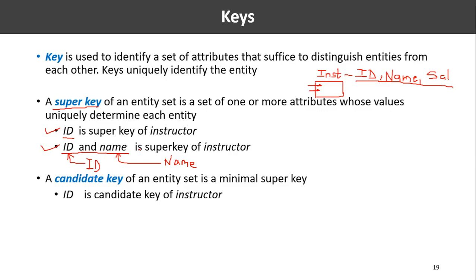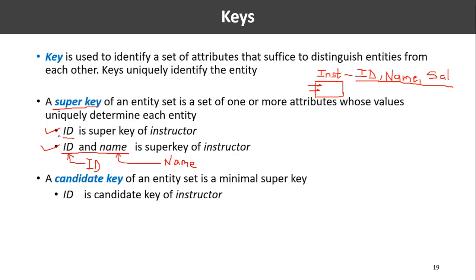ID along with name cannot be treated as the candidate key. Why? Because in this super key I am having the subset of this super key that can also be treated as the super key. So the subset of this, that is ID, is also the super key.